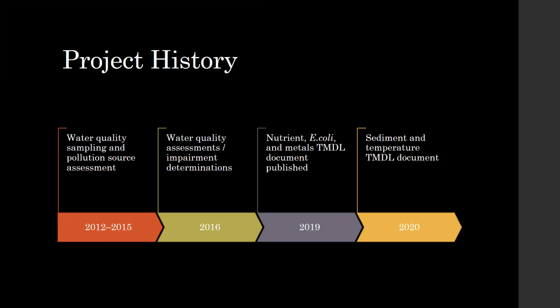In 2016, the water quality assessments were performed and impairment determinations were made. Then we began writing TMDLs after that, and skipping ahead to 2019, we published TMDLs for the nutrient, E. coli, and metals impairments that were determined. And this year, we are finishing up TMDLs for the sediment and temperature impairments.